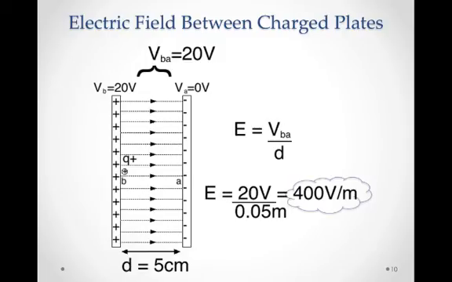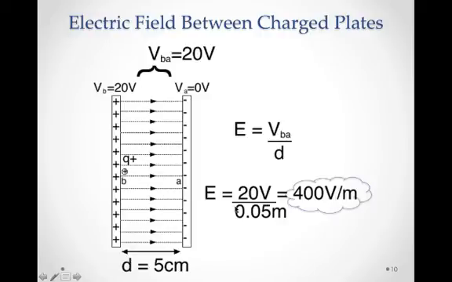Our next idea to talk about is the electric field between charged plates. If we have these same two charged plates with a potential difference of 20 volts across them, then we can calculate the electric field strength between them. This is a uniform electric field, and so the electric field strength is equal to the potential difference divided by the distance between those locations that create that potential difference.